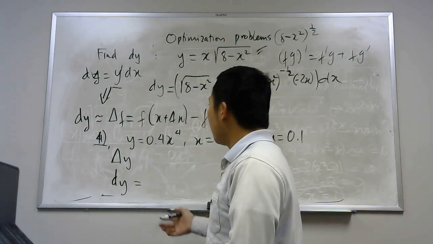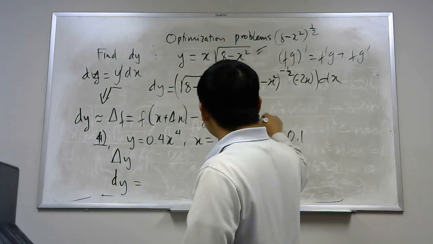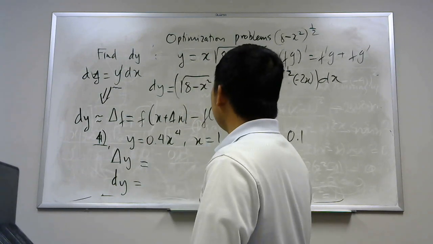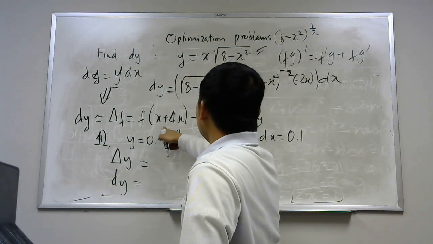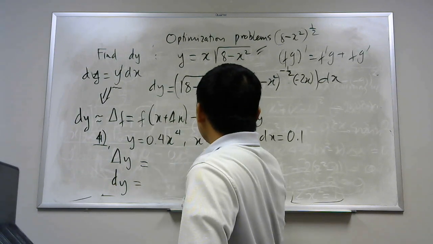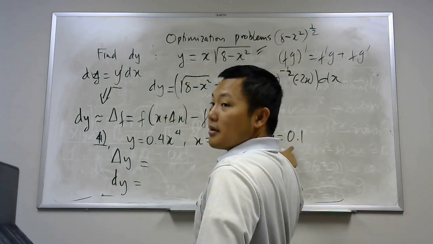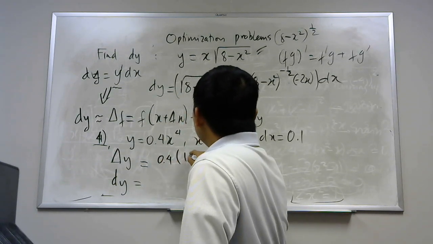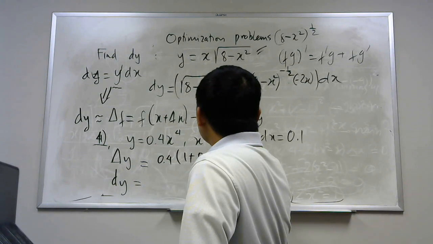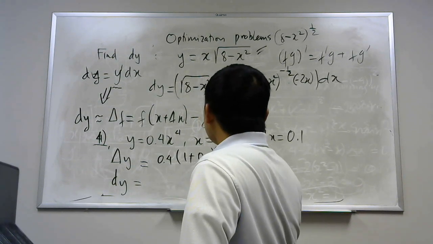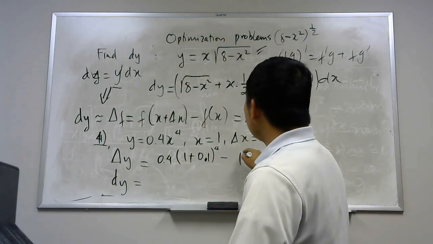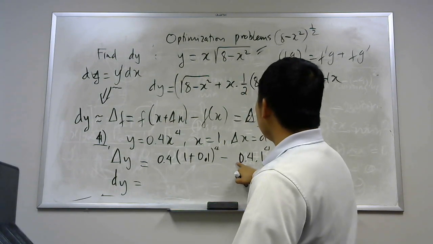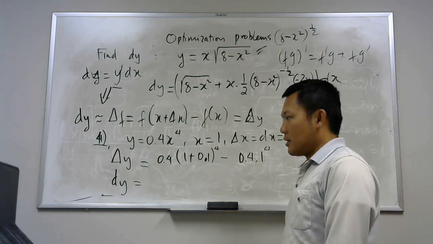So in order to find delta y, we just plug numbers into this. The point is x equal to 1, delta x is 0.1, so basically I have 0.4 times (1 plus 0.1) to the 4 minus 0.4 times 1 to the 4. And you can use a calculator to find this number.